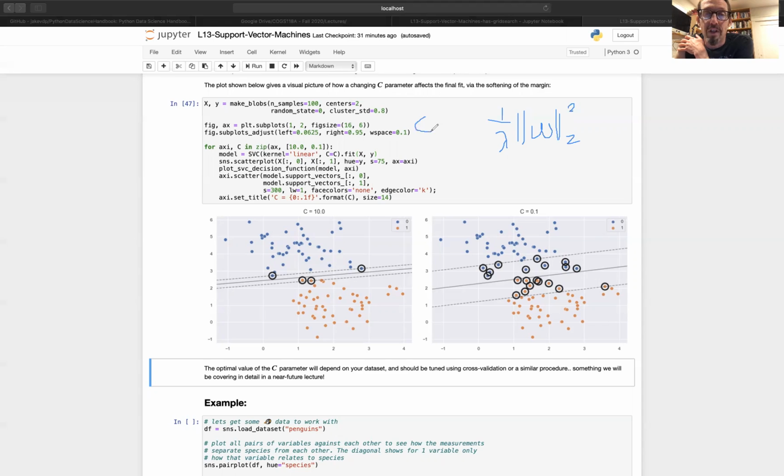And since C is equal to 1 over lambda, because we move it from what had been the regular fit term, we bring it over to here, then we would multiply through by lambda to make C. And so when lambda is small, C will be small.